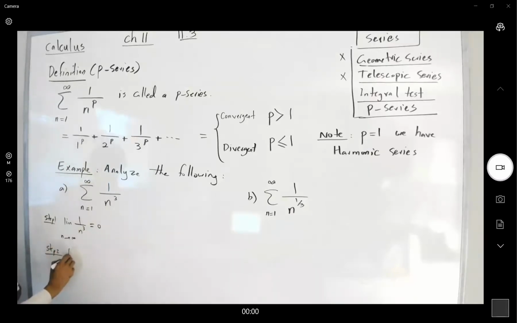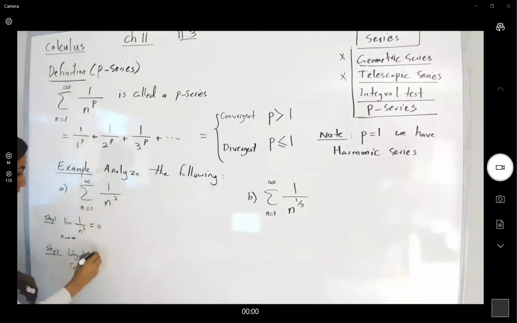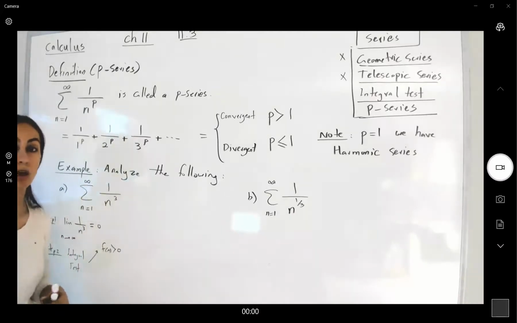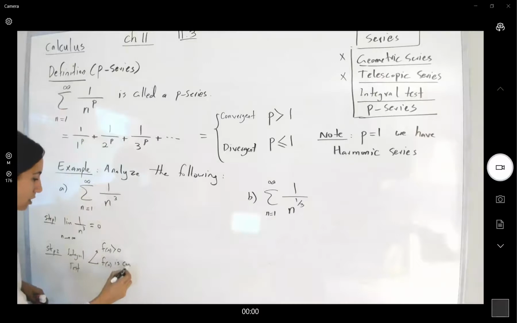So for the integral test, we need to check to see if this a_n satisfies all of those three conditions. f(n) is positive, of course. So n is 1, n is 2, n is 3, all of those sequence terms are positive. Is this continuous? Yes. On 1 to positive infinity, it is continuous.